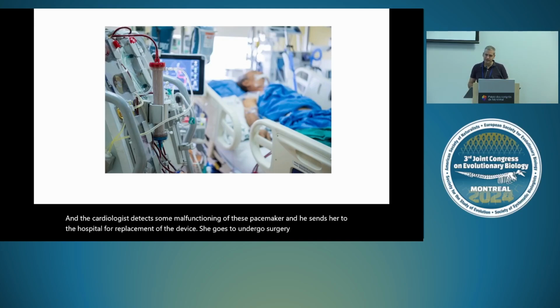Everything goes fine. But 2 days after the surgery, she starts reporting difficulty in breathing, and the doctors start suspecting an infection. They start taking samples and trying to see what's the cause of this infection, but everything turns out negative. The patient is treated with broad-spectrum antibiotics.